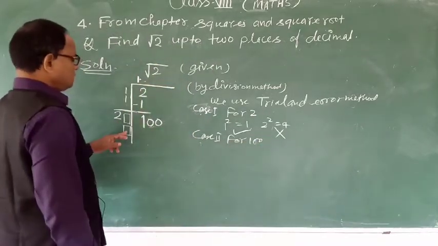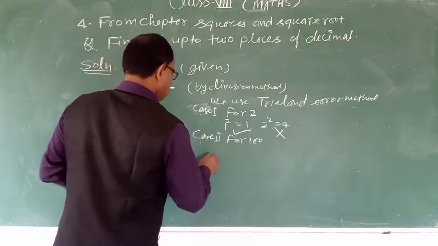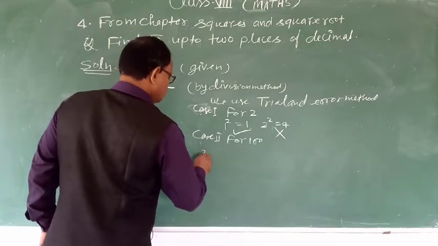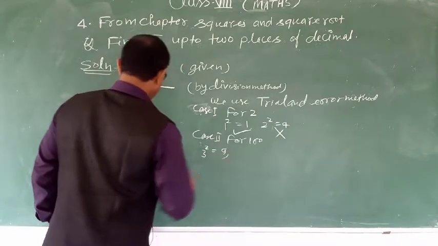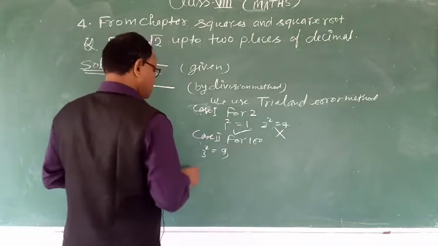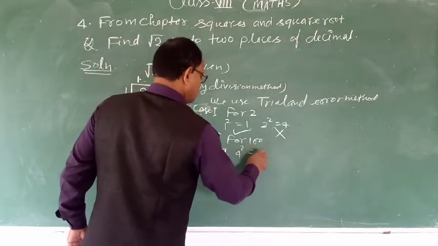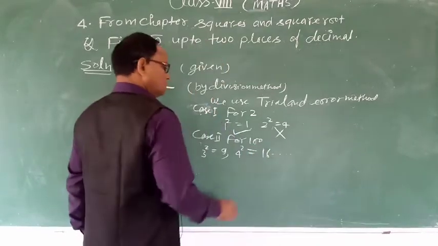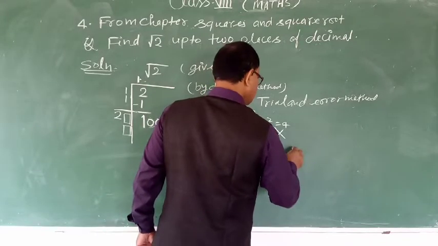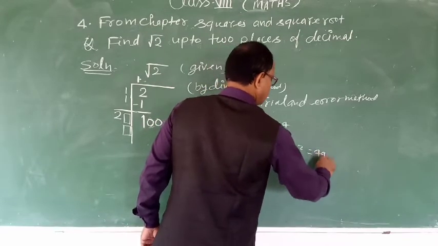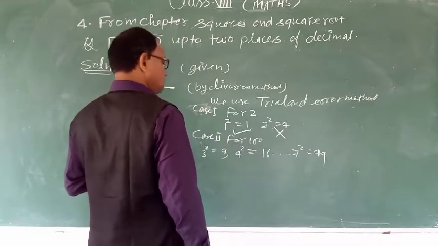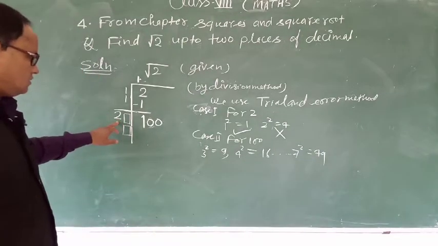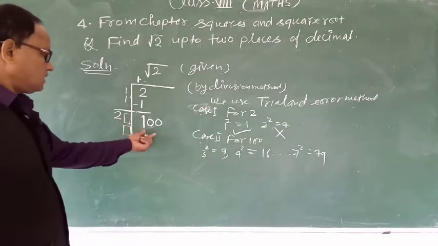Here we write 100. 8 8s are 16, 4. 3 square 9. 3 square 9. 4 square 16, up to. 7 square 49, and multiply in this, not greater than 100.